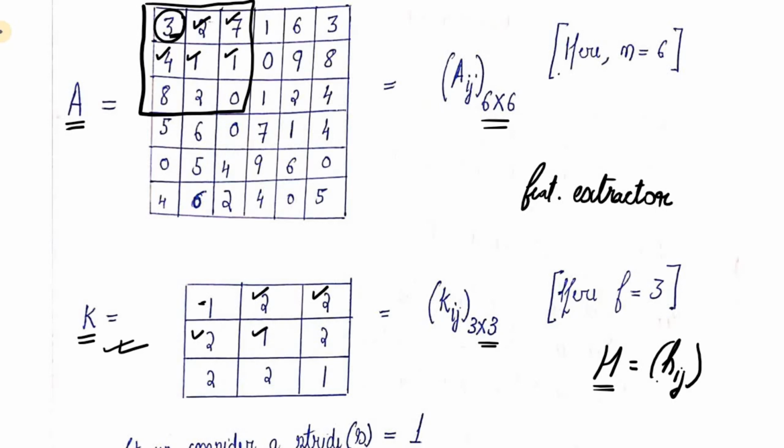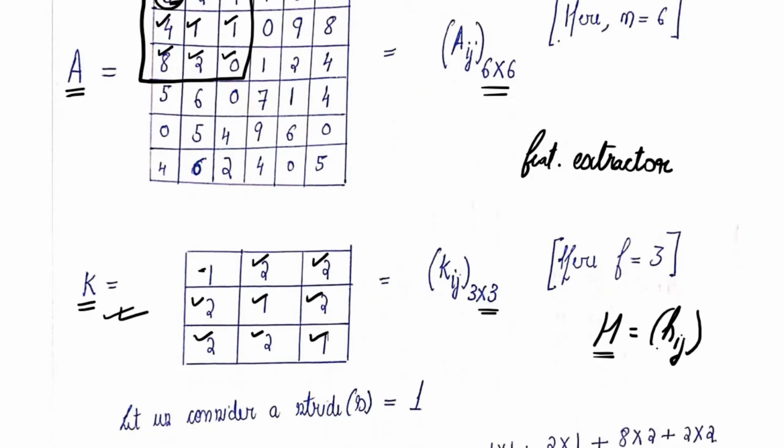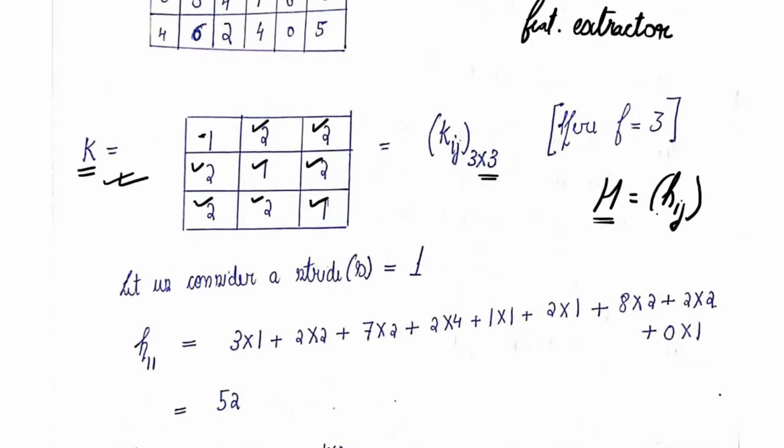We multiply 1 with 2, 8 with 2, 2 with 2, and eventually 0 with 1. After performing all the multiplications, we add them up to get the dot product, which looks like this. So this is exactly how the first element is supposed to look when we have a 3 cross 3 kernel running on a 6 cross 6 matrix.